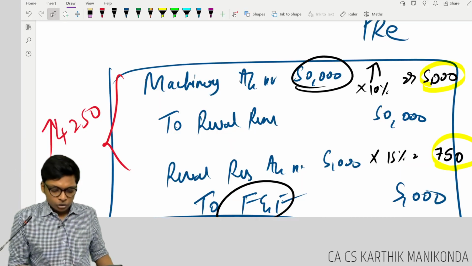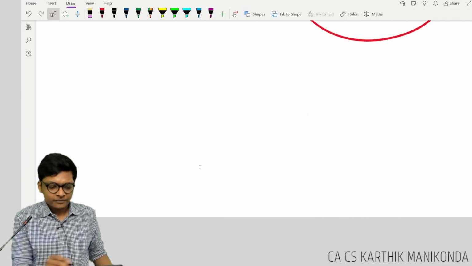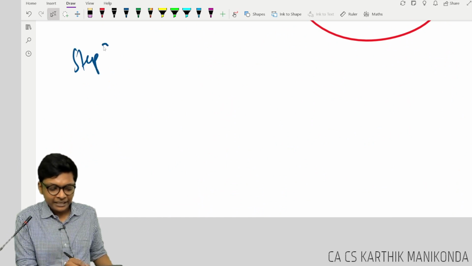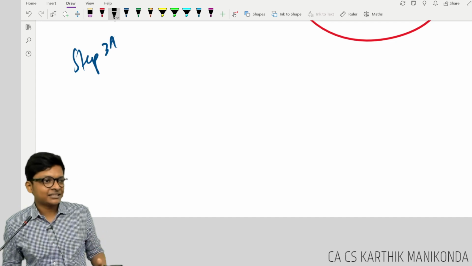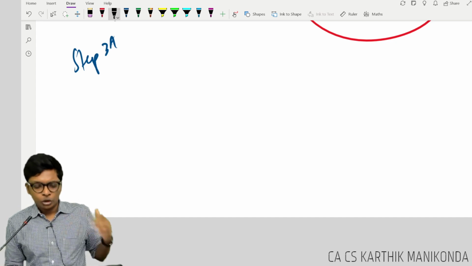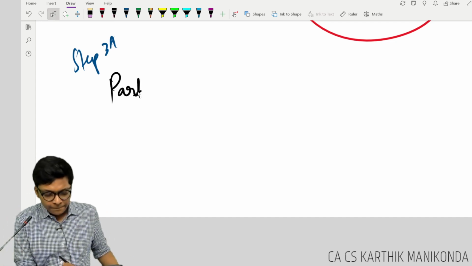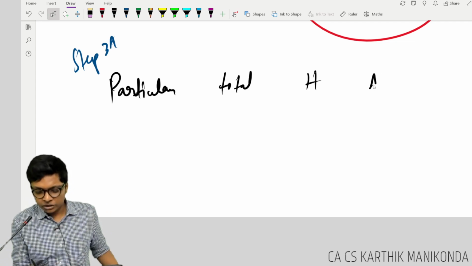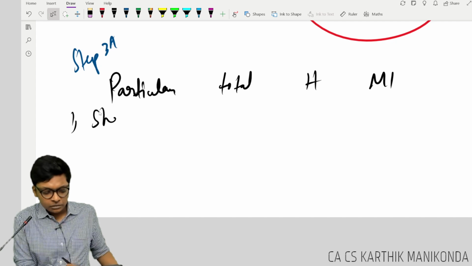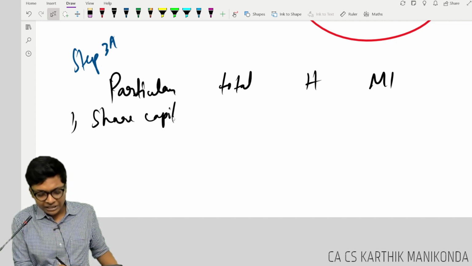Okay. So now we will go to step 3A, our magic step. We will prepare the totals. After this, nobody can stop you for the sum. You can proceed. Particulars, total, H, minority interest. First I will write share capital.